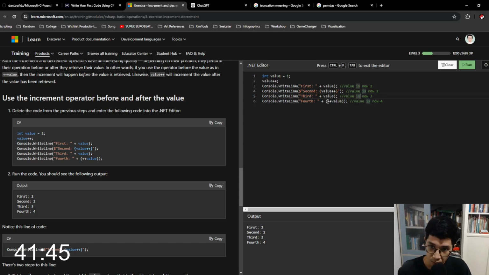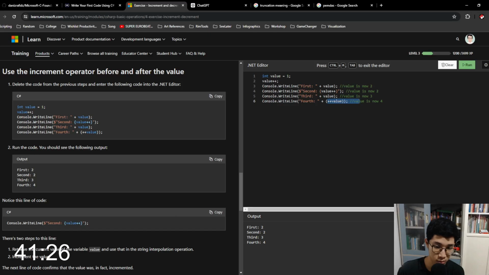But if the plus or incremental is right before the value, it will be incremented right at that moment. Wait a moment.